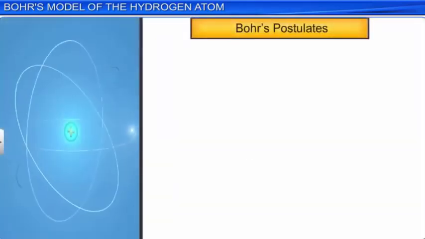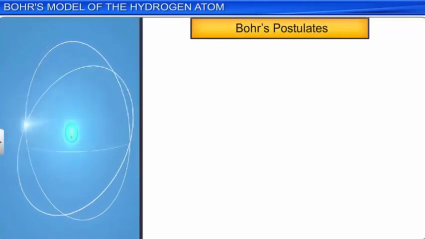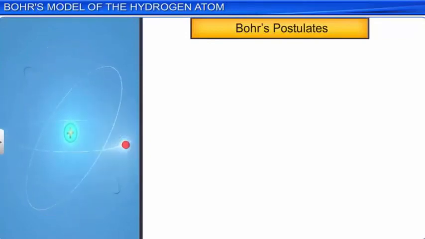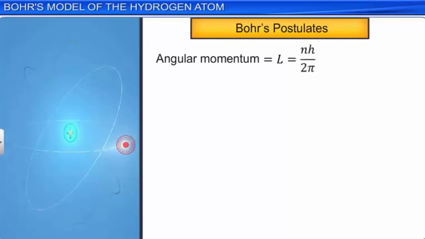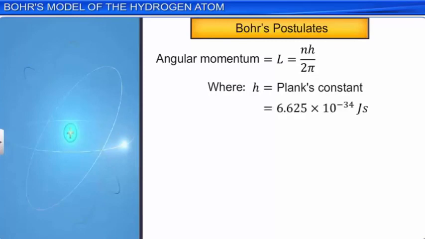According to Bohr's second postulate, the electron revolves around the nucleus only in those orbits for which the angular momentum L is an integral multiple of a constant equal to nh by 2 pi, where h is Planck's constant equal to 6.625 × 10^-34 joule-second.